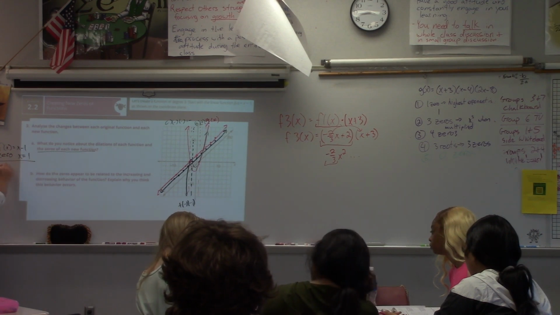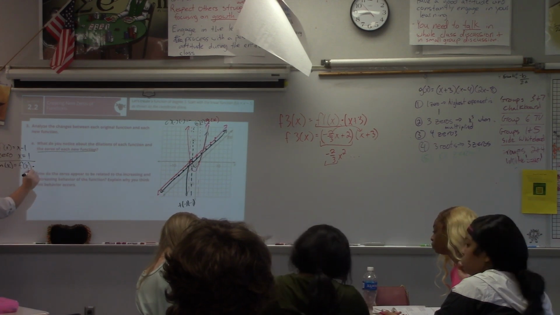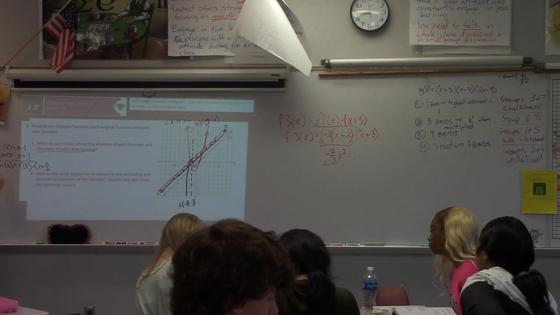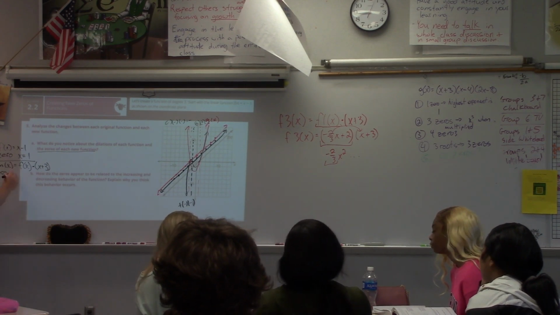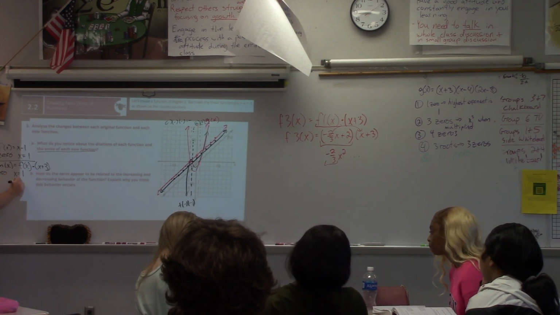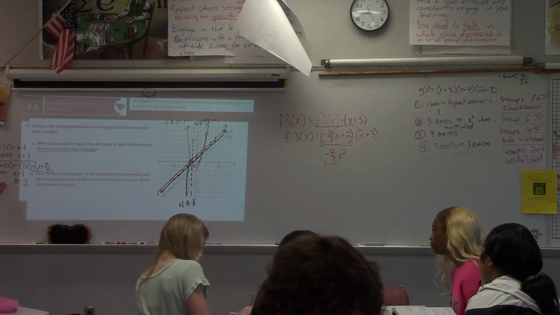Then we developed m of x, which was f of x times, was it x plus 3? Okay, so what 0 do I have right away from before? From the one from f of x, which was x equals 1. Now, what's my new 0? From that new factor. So my question is, where are the zeros of each new function coming from? Where did this new 0 come from?